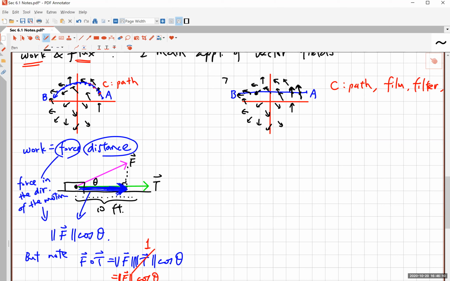Okay, now I'm going to draw another picture here. This time you have a membrane, or let's say this is like a ground. Okay, and I think you'll get the point. Ground is like a filter or film or membrane. And let's say the rays, the sunshine, is coming this way, like this.